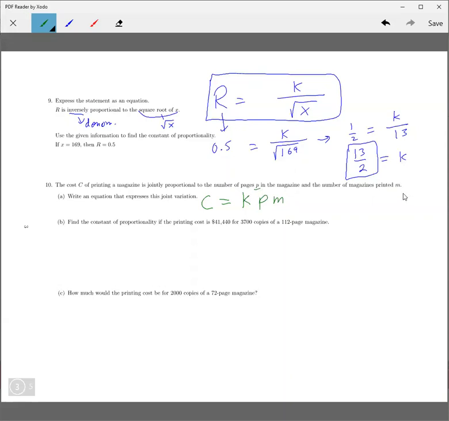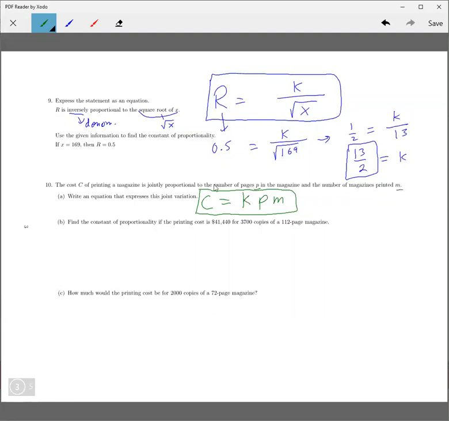So P and M, small p and small m, and a capital C, is going to be the equation. This kind of makes sense because the total number of pages is the number of pages times the number of magazines, right?